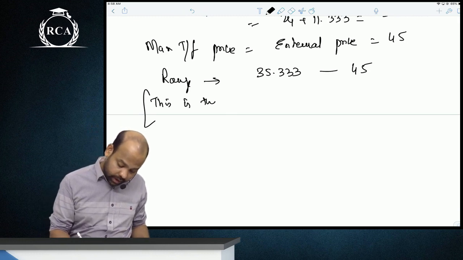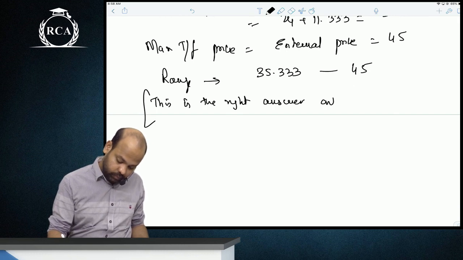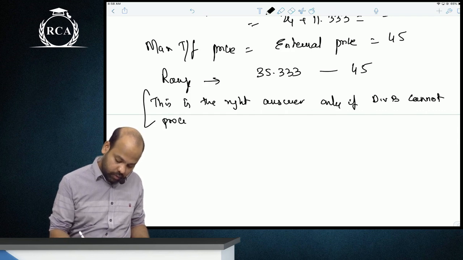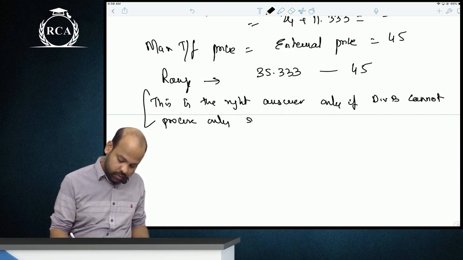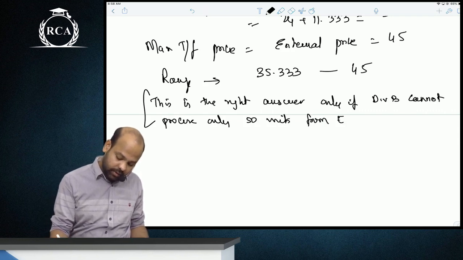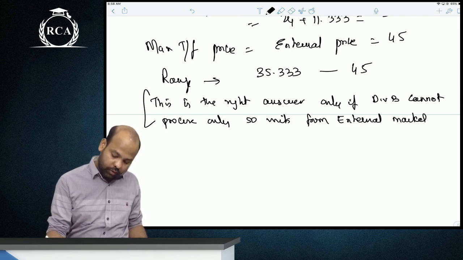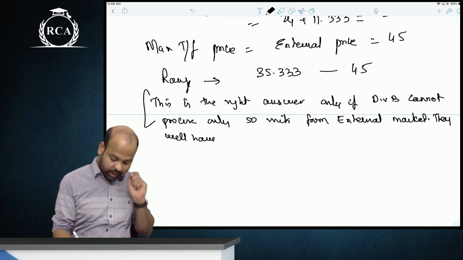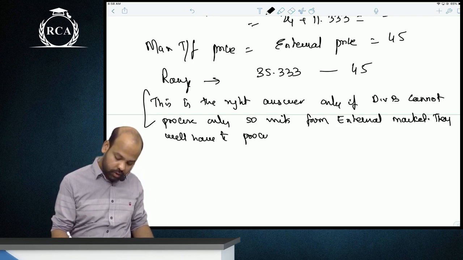This is the right answer only if division B cannot procure only 50 units from the external market. They will have to procure either all 300 units or 0. Then this will be the right answer.